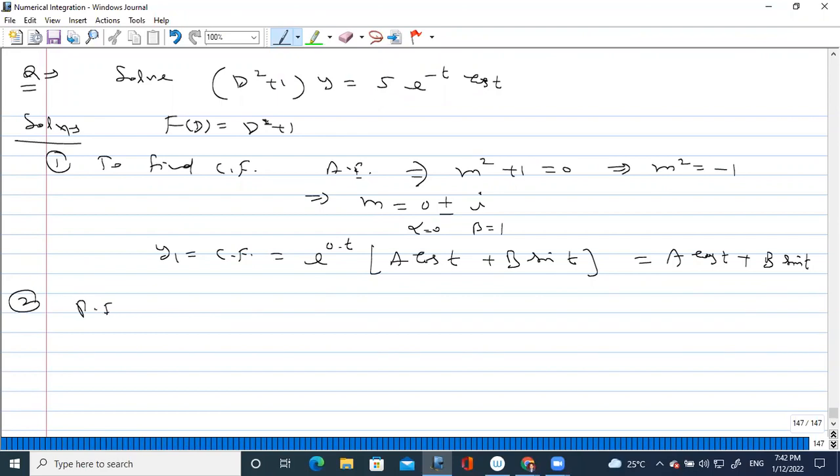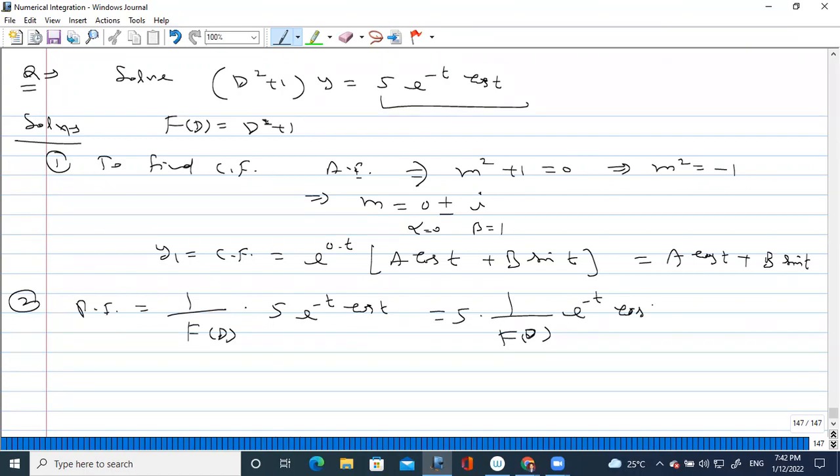That is the main part here. So particular integral is 1 upon f(D) into R value. R is 5 e to the power minus t cos t. So 5 will come on the left hand side directly, this is a constant. So 1 upon f(D) e to the power minus t cos t.